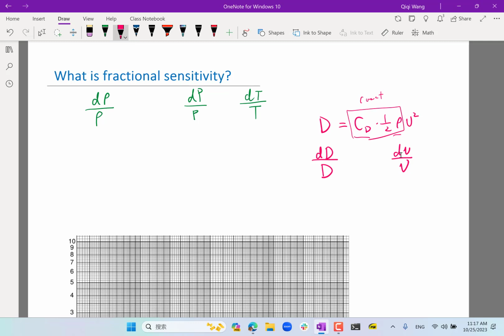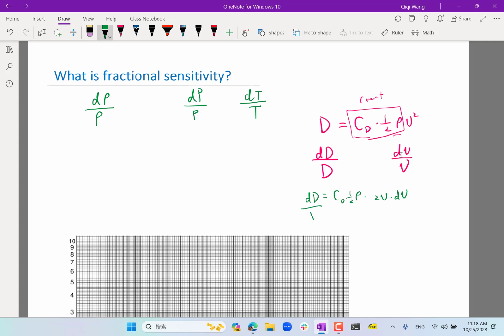Let's just try to do the math, right? So what is dD? dD is going to be, because this is constant, I'll just write down Cd times half rho, and the dv squared is actually 2 times v times dv, right?